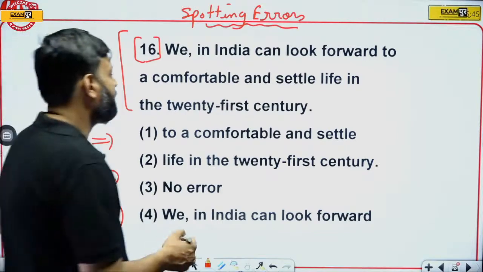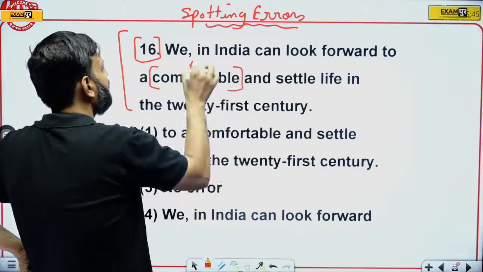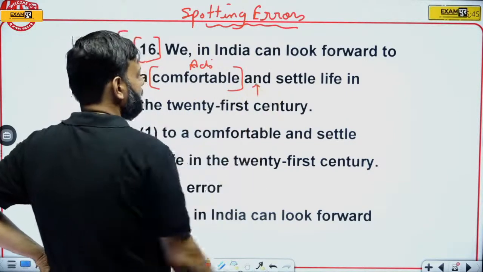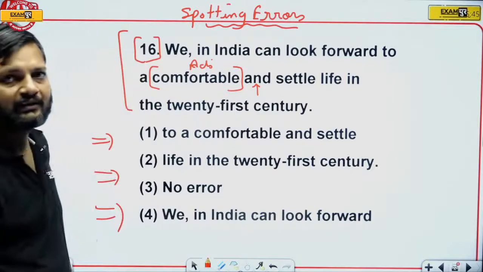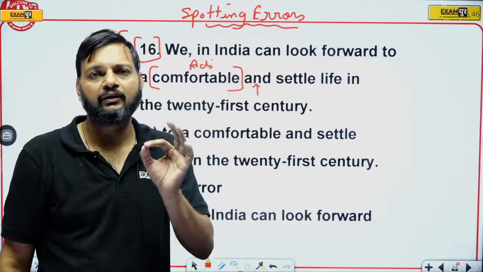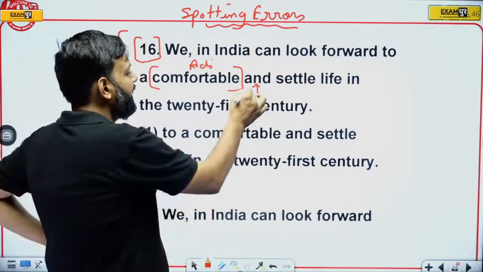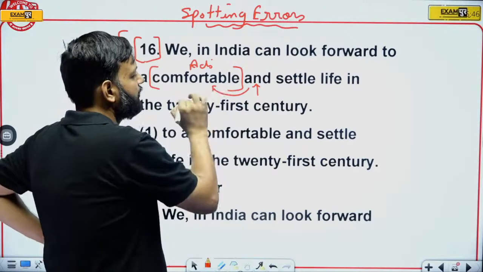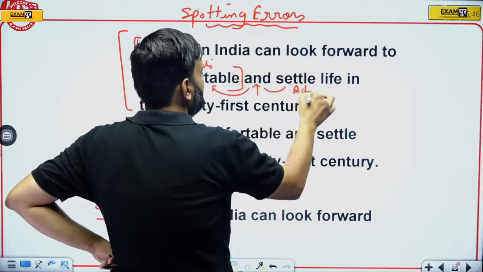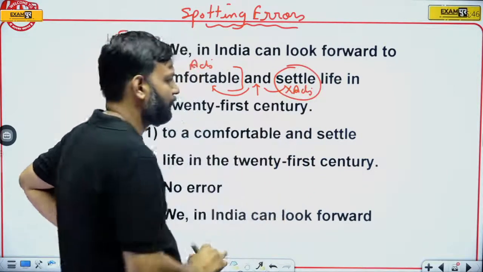Here comfortable is an adjective, and here we have a conjunction, and we all know that the structure before and after a conjunction should be the same. So if we have an adjective before the conjunction, we must have an adjective after it. Settle is not an adjective, that's why it is wrong.